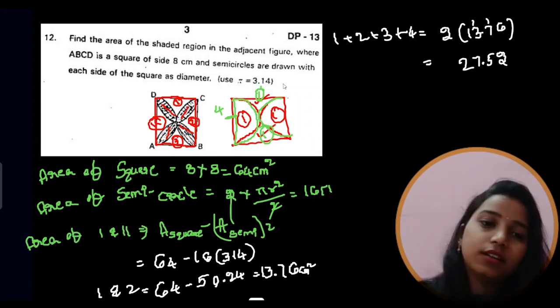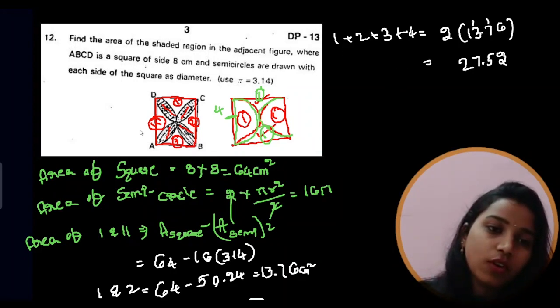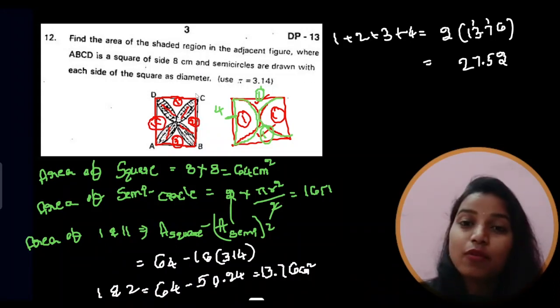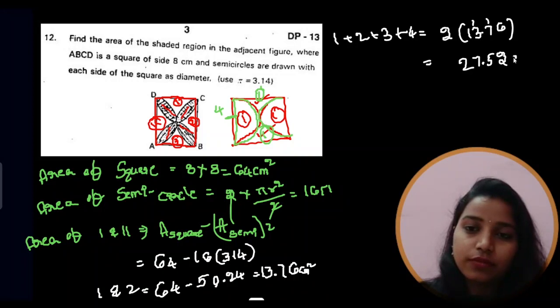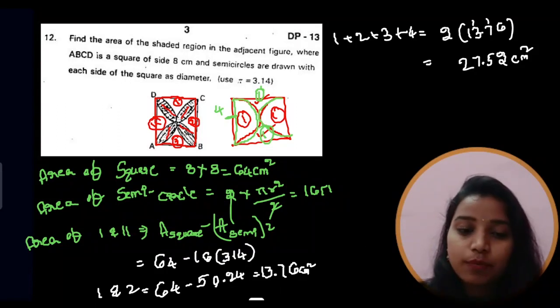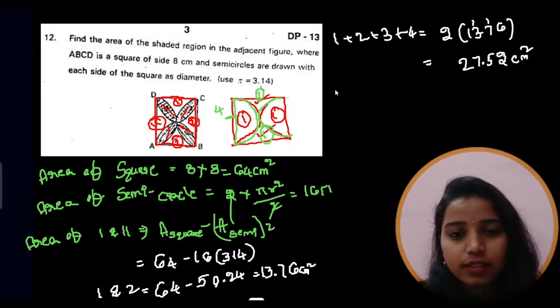All these four, 1, 2, 3, 4 shapes area. Now we need to just remove all these values area from the square, right? So area of the shaded part, this is how we can find area of shaded part.